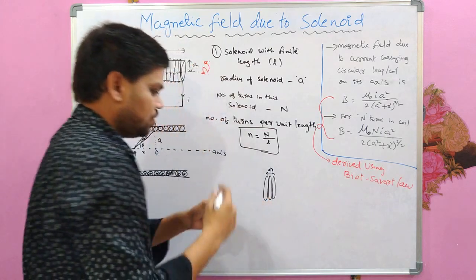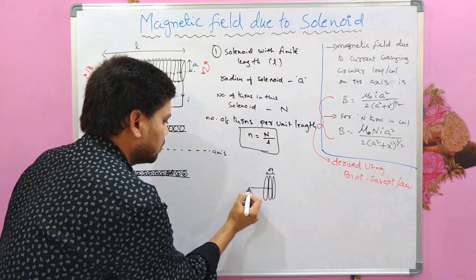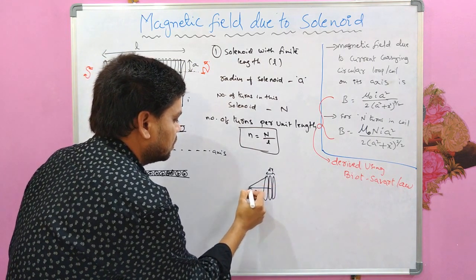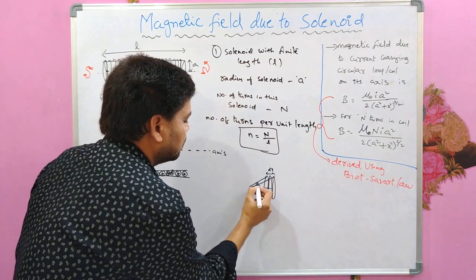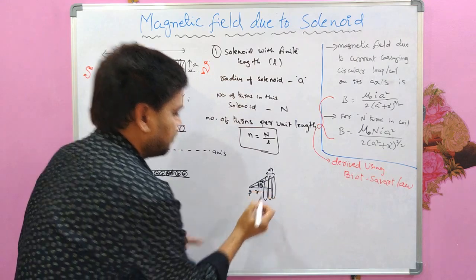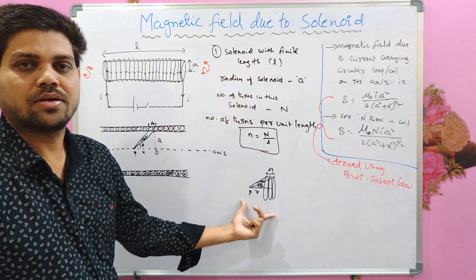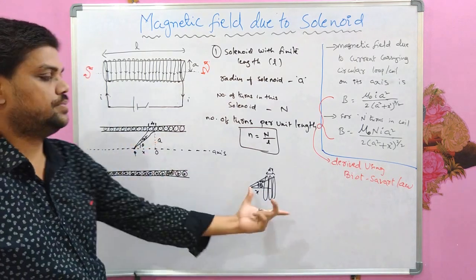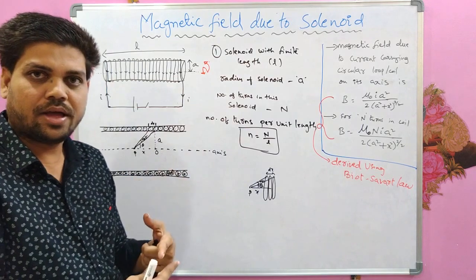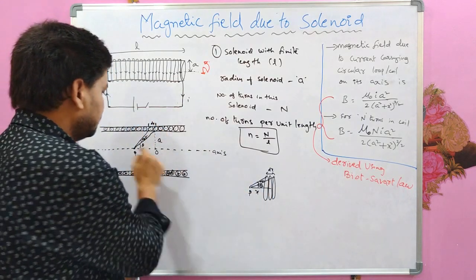Okay, so on this axis, this is P, this is x, this is d theta and this is theta. Okay, so this is how you can see this. Because we have so many turns on the solenoid, out of that I have taken a small segment, that is this.